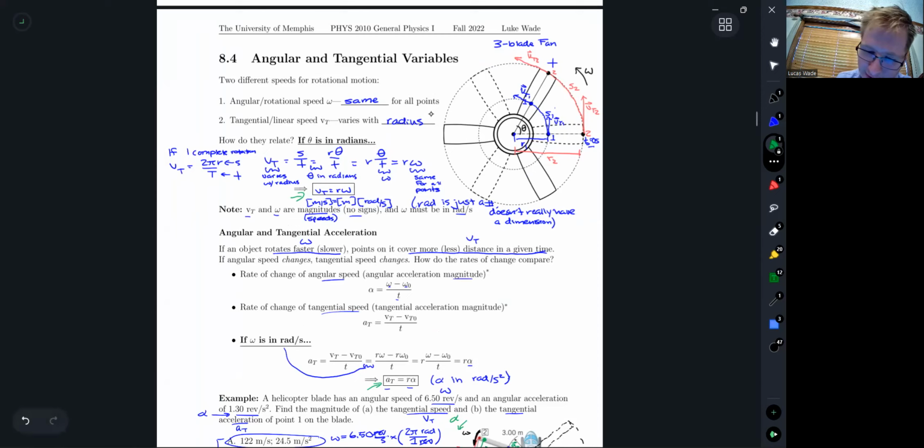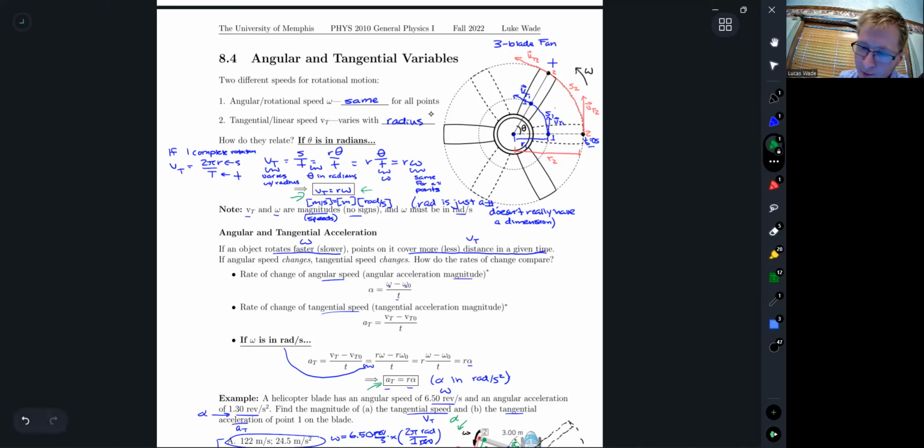So that's what this equation says, is that if you've got something like a fan rotating at an angular speed omega, points farther from the axis of rotation, so greater radius r, have to be moving faster tangentially to their circular paths because they're covering more distance in that same amount of time.